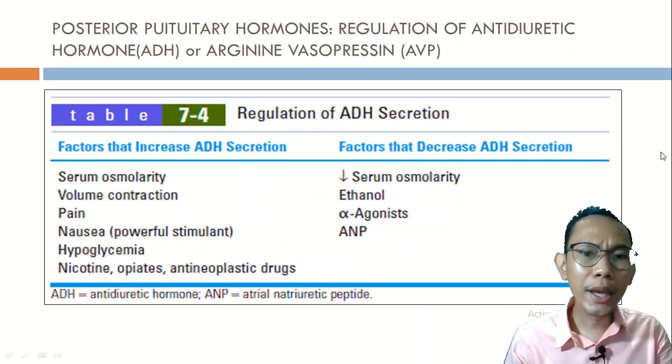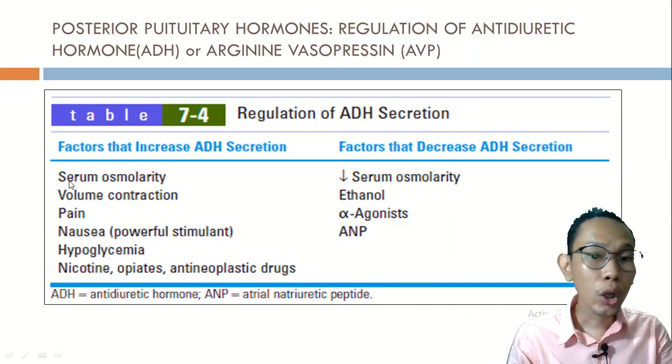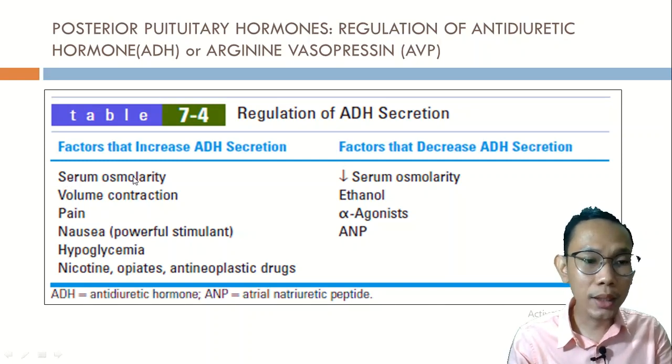So how do we regulate your antidiuretic hormone secretion? These are the different factors that will lead to increased ADH secretion: high serum osmolarity, volume contraction, pain, nausea, hypoglycemia, nicotine, and so on.